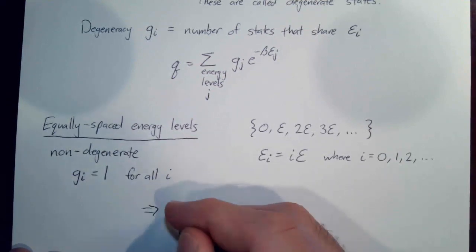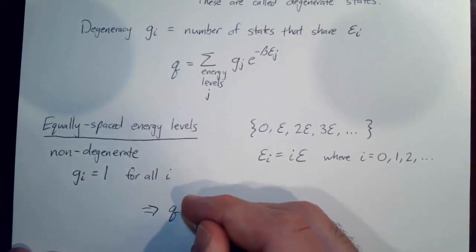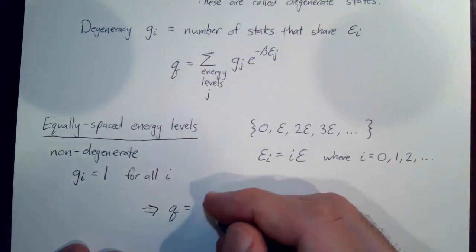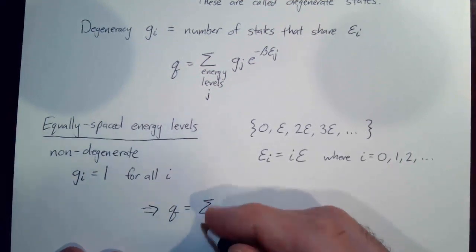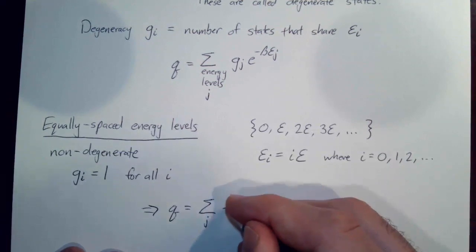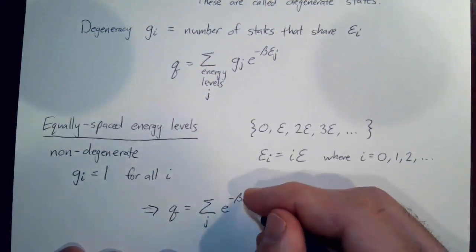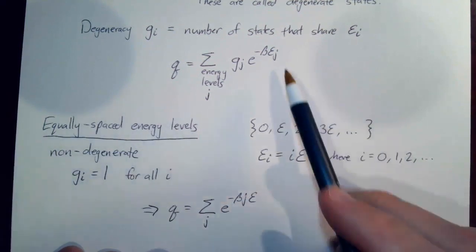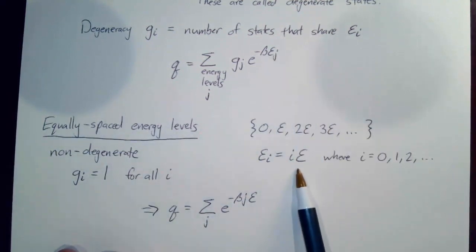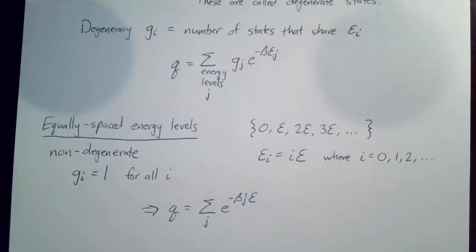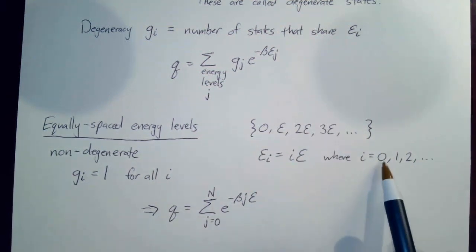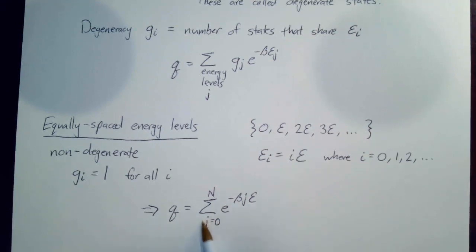So Q for equally spaced non-degenerate energy levels looks like the sum over j of e to the minus beta j epsilon, because epsilon j is just j epsilon for these equally spaced energy levels. To remind us that we started numbering with 0, I'm going to put j equals 0 as our first, and we'll go up to n, however many energy levels we have, which could be infinity.